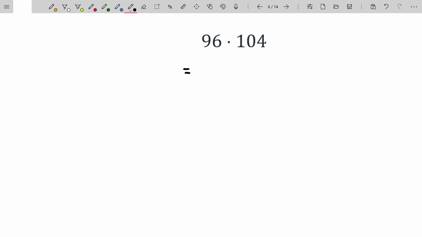This product is the same thing as 100 wiggled by 4 down and 100 wiggled by 4 up. But again, that's like x or f minus l times f plus l. It's a difference of squares. It is 100 squared minus 4 squared. 100 squared is just 10,000 because it's 4 zeros, right?